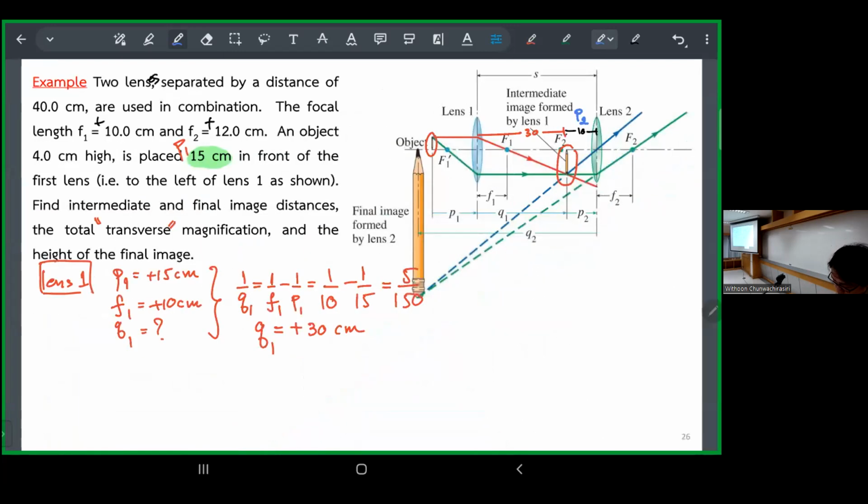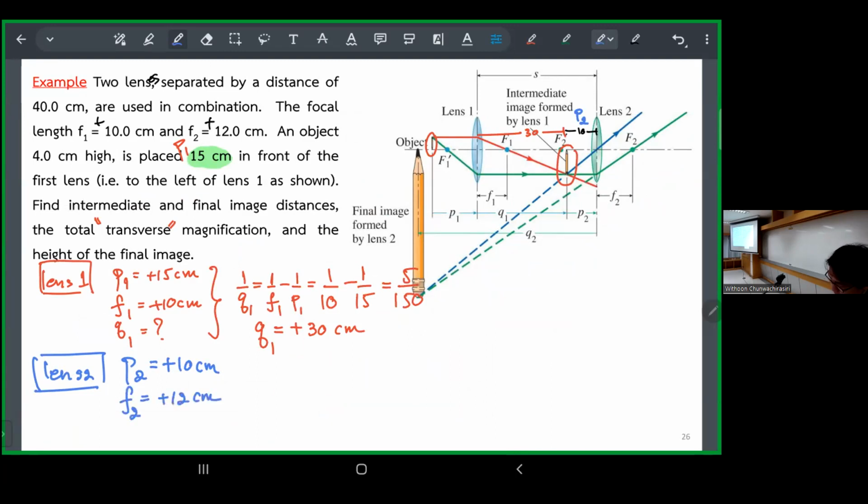All right, so that's it. If this is done for lens number 1, let's move on to lens number 2. Your object distance is still positive, because right now your second lens is still far behind. That means the location of the object, which is the image from the first lens, is still positive. And your focal length of the second one is also positive.